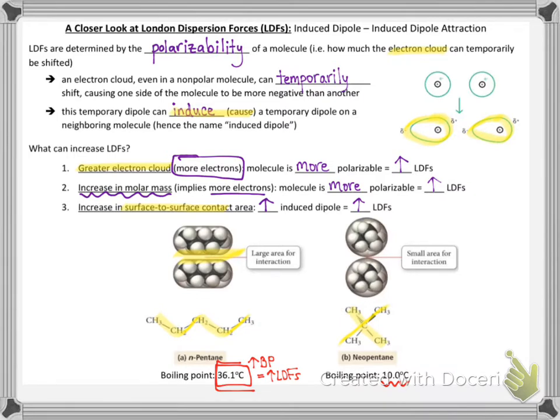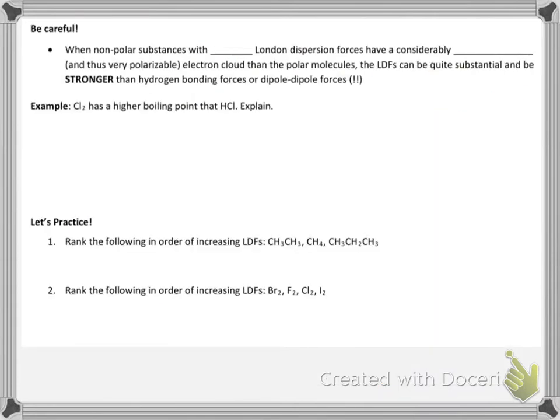Okay, there is one counterexample about LDFs that I would like to point out because you may or may not remember that LDFs are considered to be the weakest of all of the IMFs. However, there was a caveat. If we said similarly sized particles, then LDFs would be weaker, dipole to dipole stronger, hydrogen bonding even stronger.